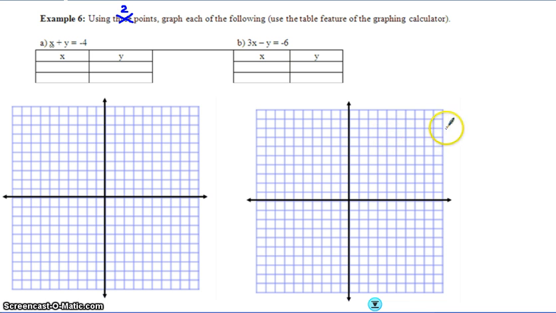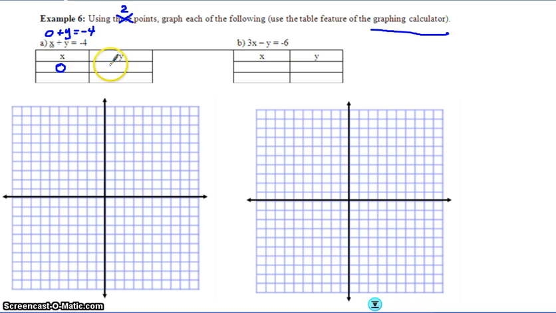Now, the next thing we're going to do is look at graphing. I'm going to show you stuff in your graphing calculator tomorrow, but for right now, I want to look at a standard form equation and the easiest way to graph it. The easiest way to graph given standard form is to use the intercepts. Now, to find the intercepts, we are going to plug first 0 in for x. If you look at this equation and plug 0 in for x, we'd have 0 plus y equals negative 4.